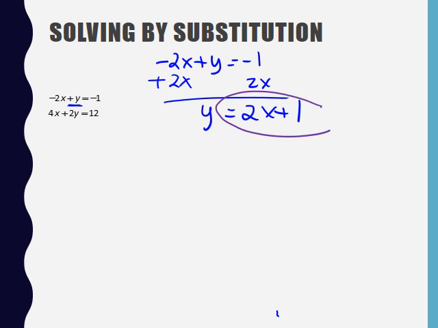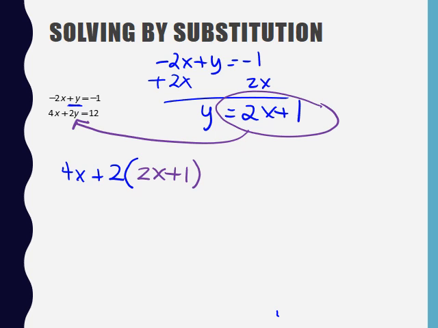Now I can take this and substitute it in for y over here. So I get 4x plus 2 times (2x plus 1). It's important that you use parentheses here because we want to make sure that you're distributing.